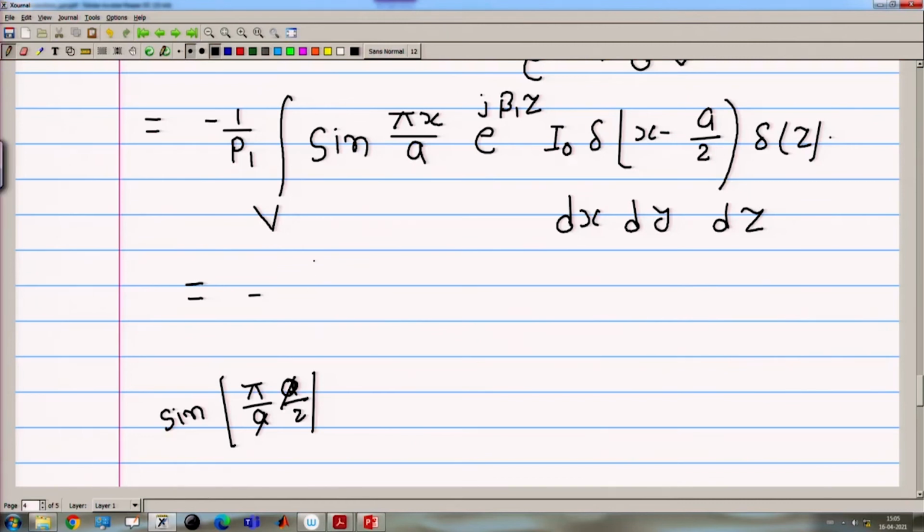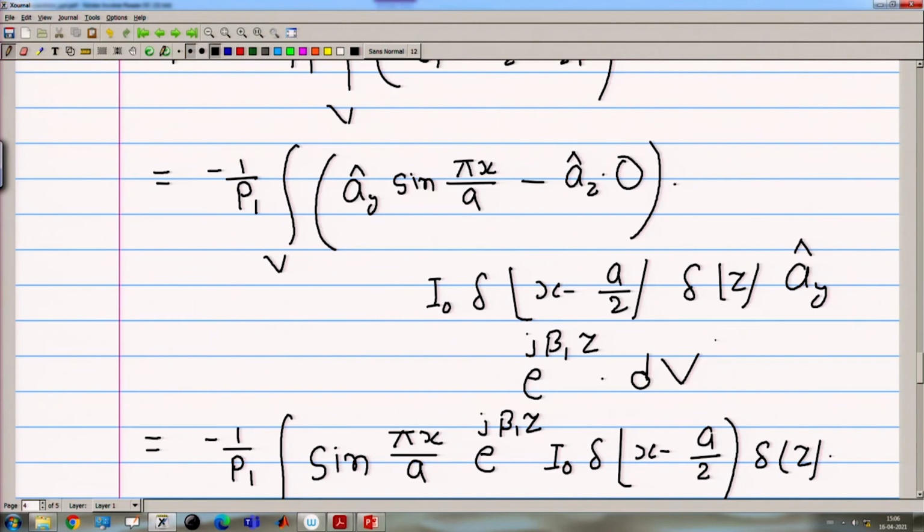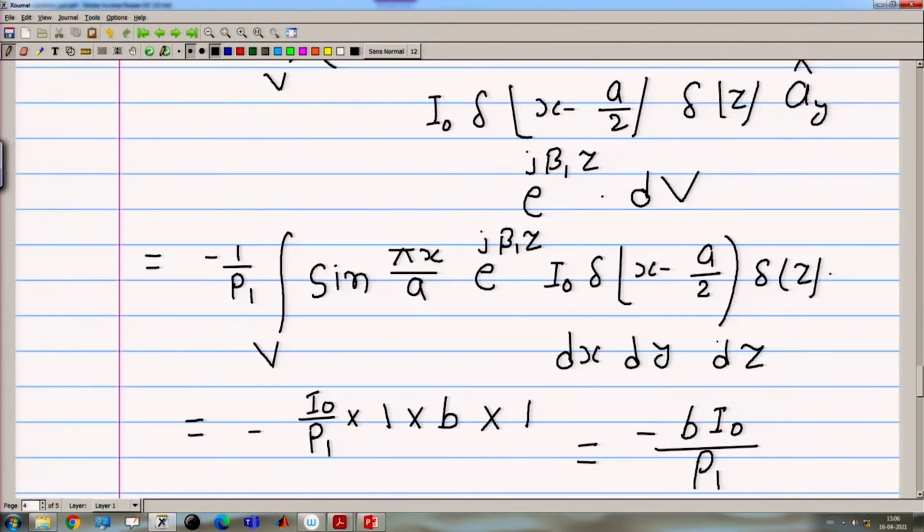So, the total value will be minus of 1 by P1 into 1 for sin pi x by a into delta of x minus a by 2, and for the y integral it will be b, and for delta z, at z is equal to 0, this will be 1. So, the total value of the integral will be minus of b I naught upon P1, and P1 value we have, that is a b upon Z1, that we can substitute.